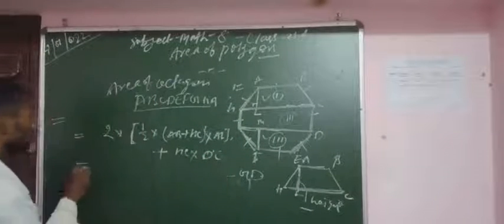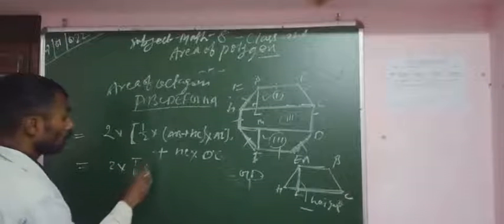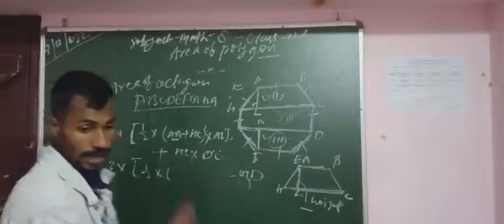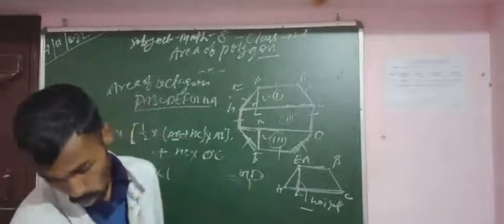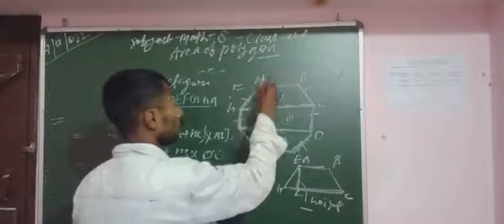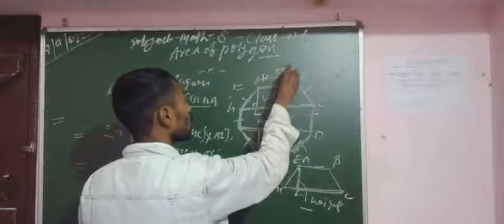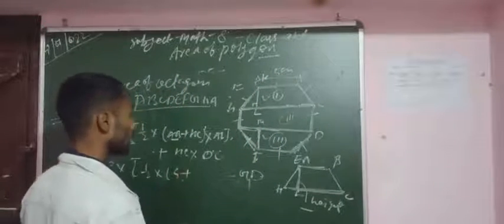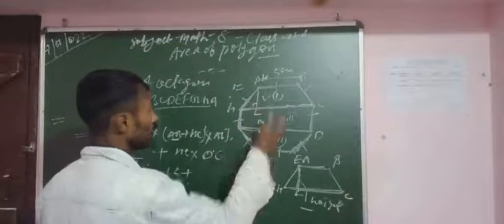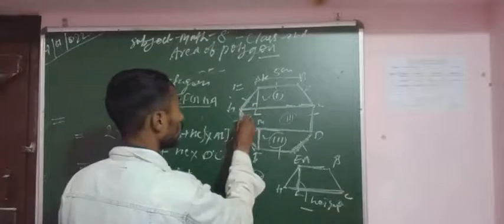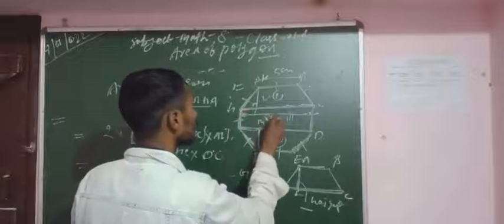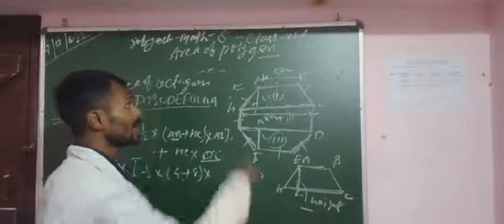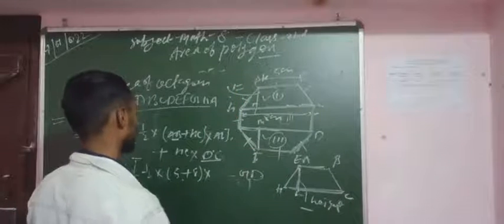Now look at this, 2 into 1 by 2 into, what is the value of AB? AB is given 5 centimeter. So 5 plus this one is 8 centimeter. What is the value of HC? HC is 8 centimeter. 8 into, what is the value of DC? DC is the height, sorry, AL.